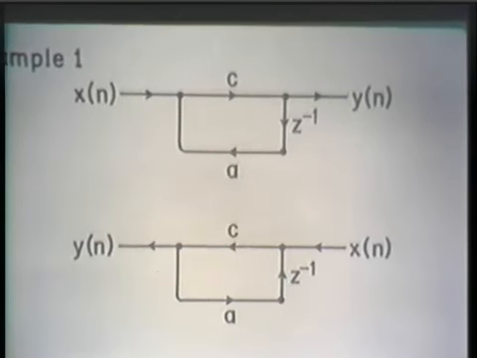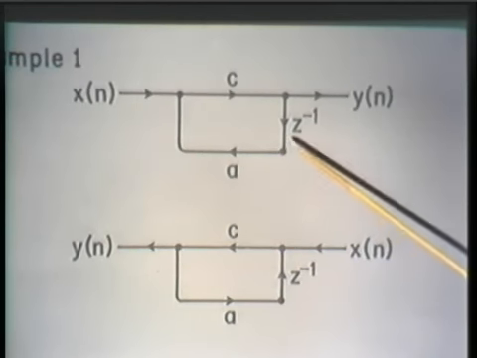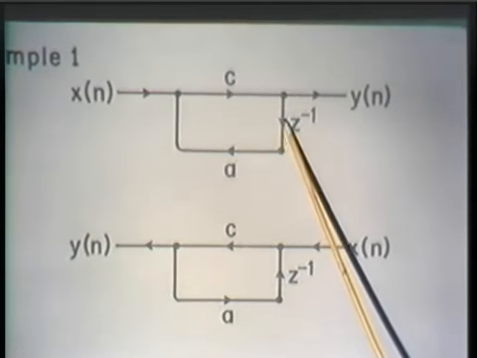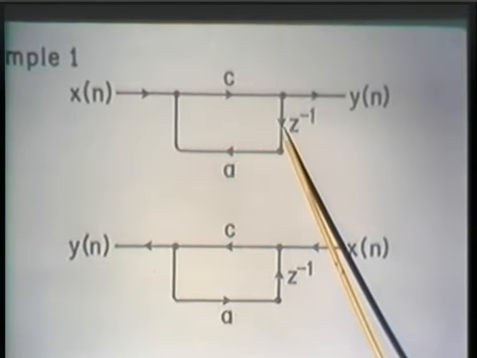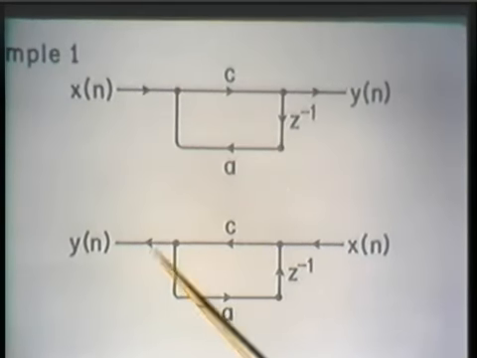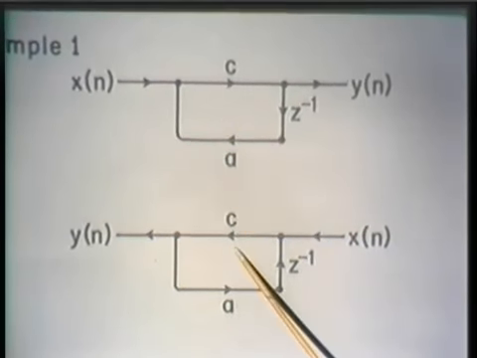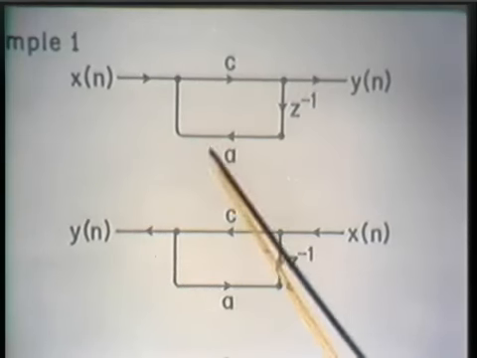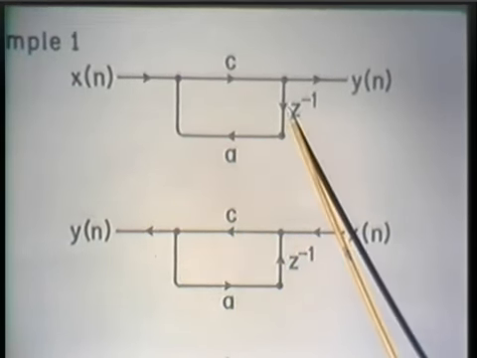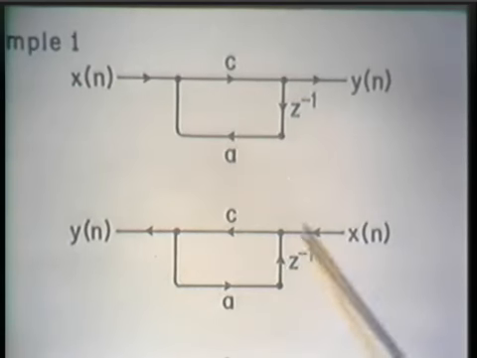Well, to illustrate the transposition theorem, let's begin with a simple network, just a simple first-order network, two coefficient branches and a delay branch. The transposition theorem says that we want, first of all, to reverse the direction of all of the branches. So this branch gets turned around, again with a gain of unity. This branch gets turned around with a gain of C. This branch gets turned around with a gain of A. The delay branch is turned around.